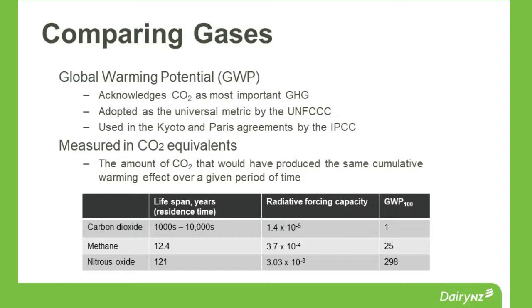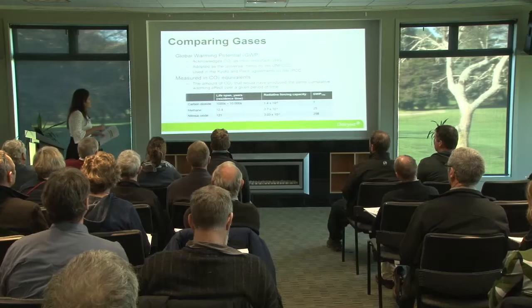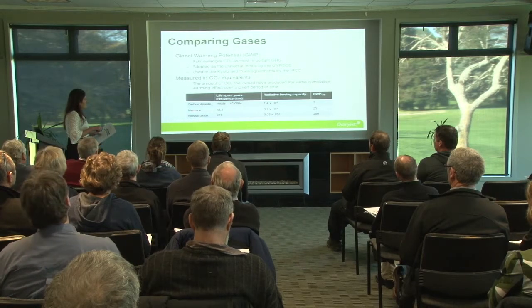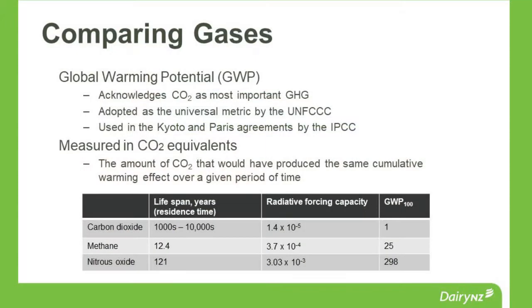It's been adopted by the UNFCCC, and it's the metric used in both of our agreements to report on our emissions. So what it does is look at methane and nitrous oxide and their lifespans. Methane, for instance, only lasts in the atmosphere about 12 years. However, it is very good at trapping heat, so it has a high ability to trap energy.